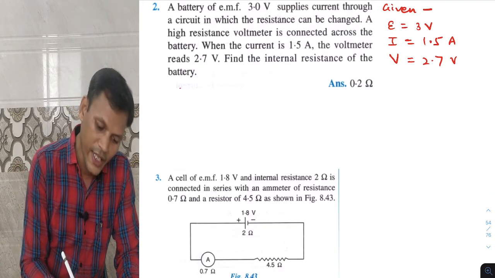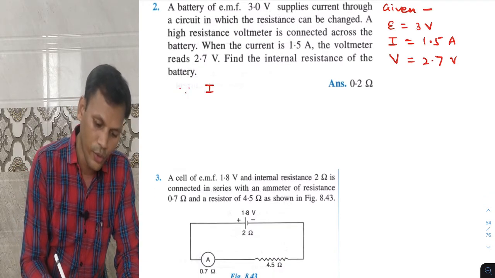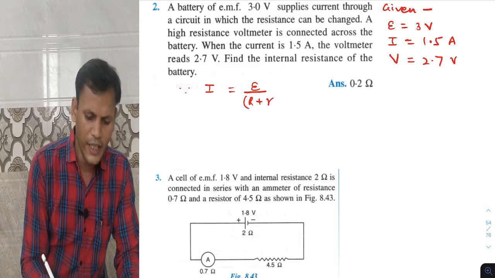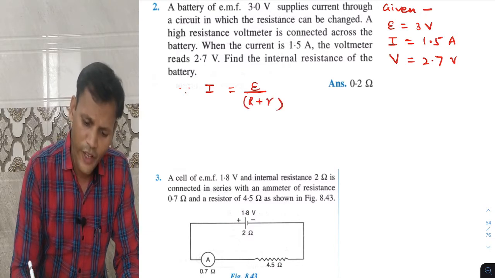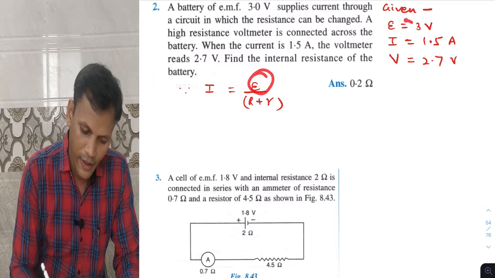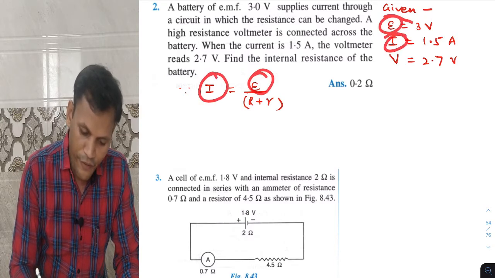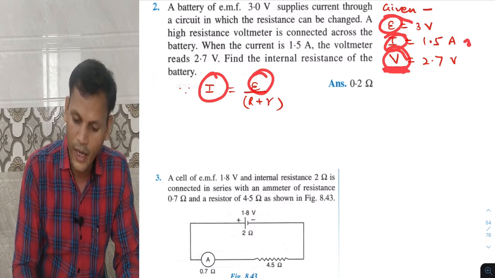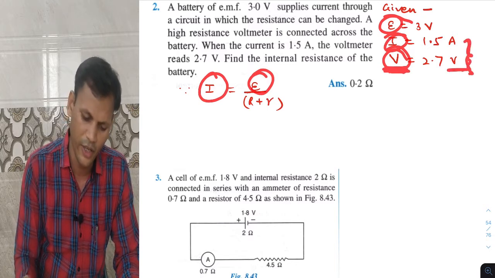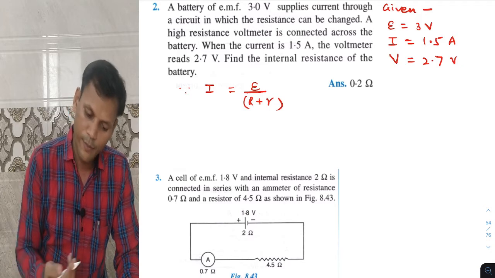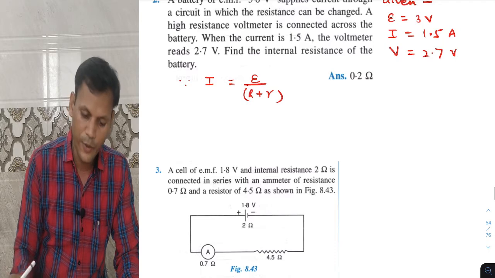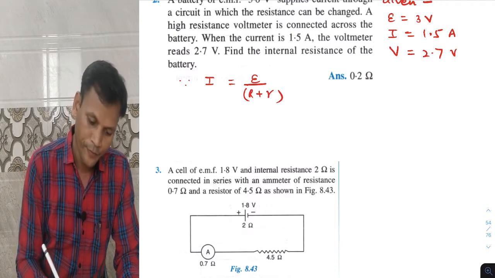So I is equal to E by R plus r, where r is the internal resistance. Let us see what information is given. E is given, I is given, and V is given. V is equal to I into capital R, that we can write later on. So a small r we can find out from here. Just substitute all the values.